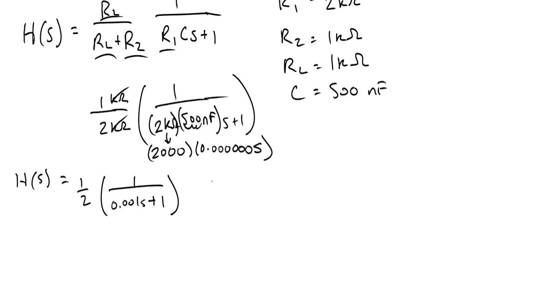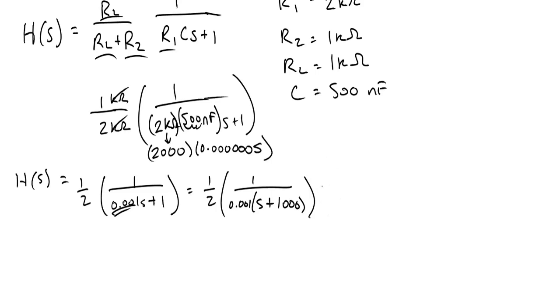This is almost a good answer. Some professors actually would take this answer, but let's take out a few terms and get it to where this coefficient is gone. It's just a 1. So we have 1/2 times 1 over 0.001 then S plus, that's going to be 1,000.